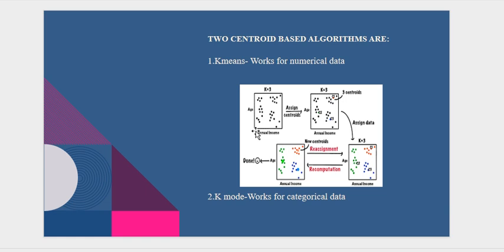Let us put k equal to 2 or k equal to 3. The algorithm does not decide the value of k. That is the biggest disadvantage here, because when the value of k changes, the algorithm's output might change.